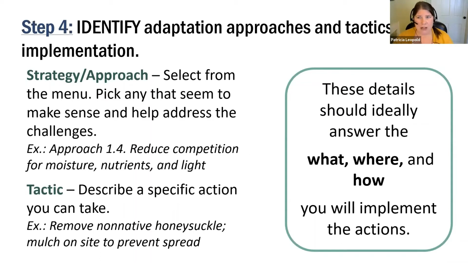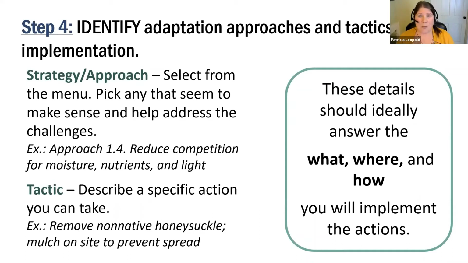And then each strategy has several approaches nested underneath, and those approaches are a little more specific than the broad strategy. So all you'll need to do is pick from those drop-down arrows, which menu are you working with, which of those 10 strategies are you choosing, and then within that strategy, it'll just bring up the several approaches that are under that strategy. So you just select that.